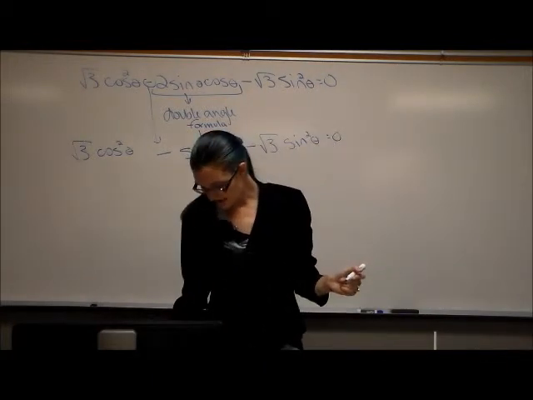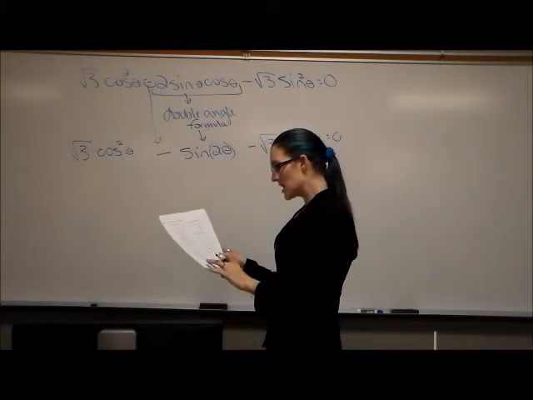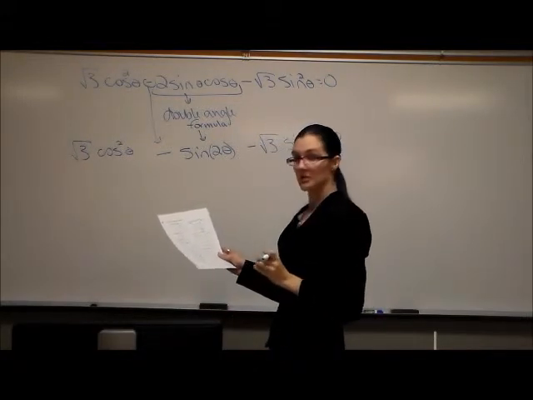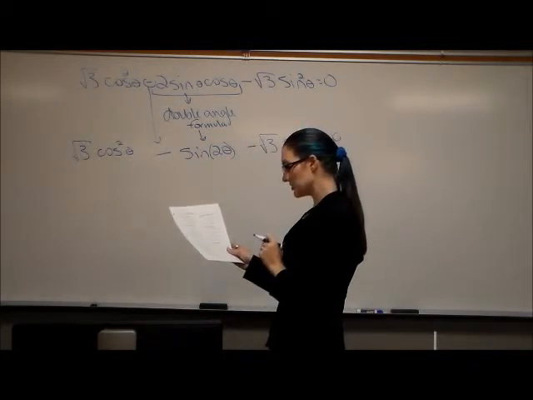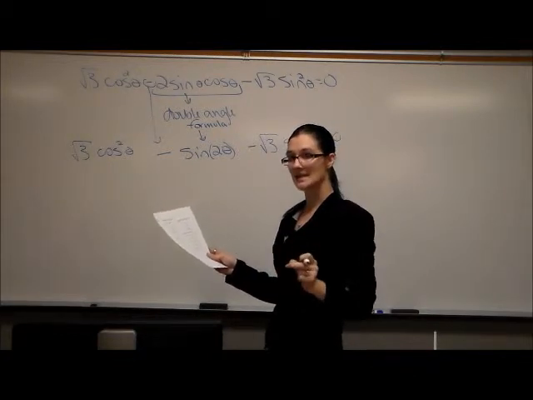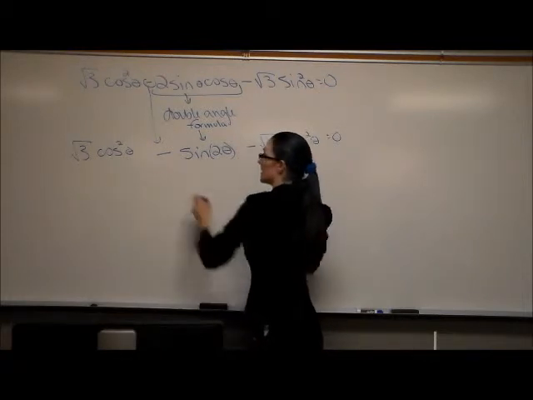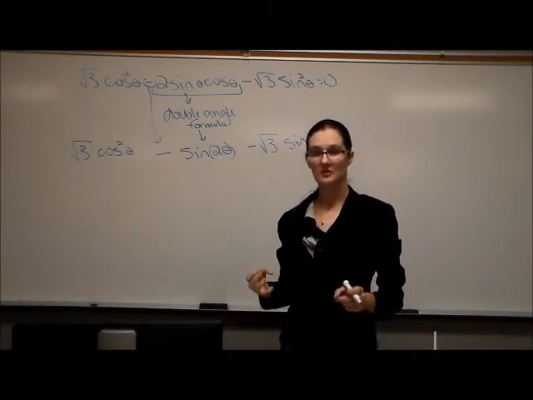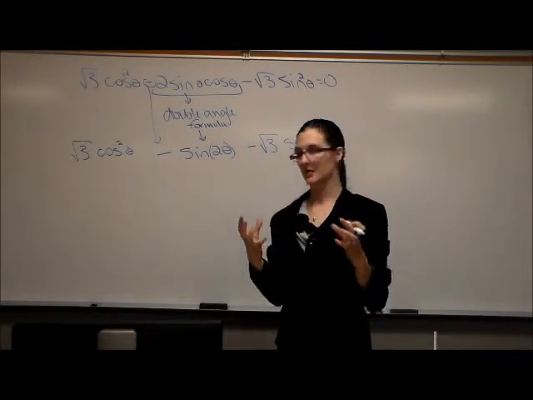So on your identity sheet again, because we're going to use our identities quite a bit, just below your first formula that we just used, the double angle, it says that cosine of 2u equals cosine squared of u minus sine squared of u. So we need to get those together and be able to factor out the square root of 3 so that we have a cosine of a number minus sine of the same number.